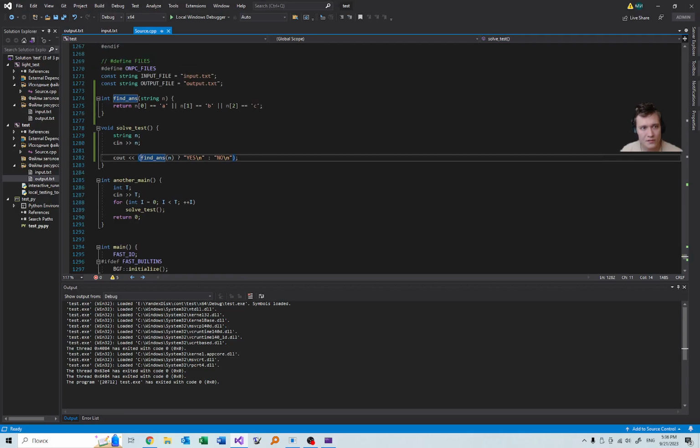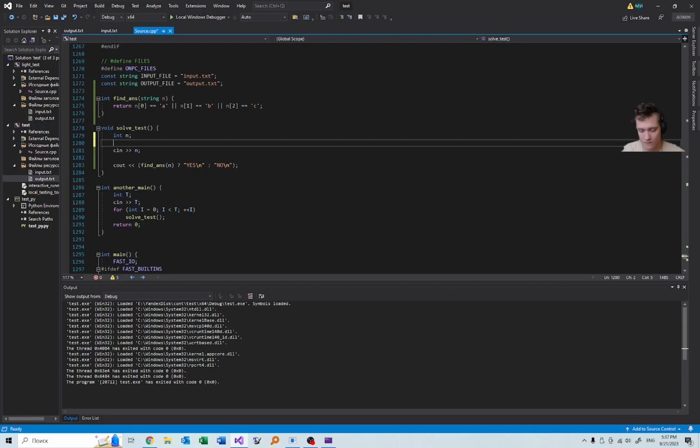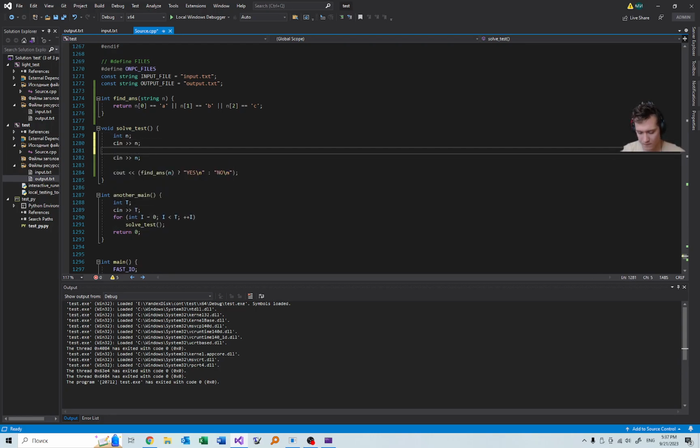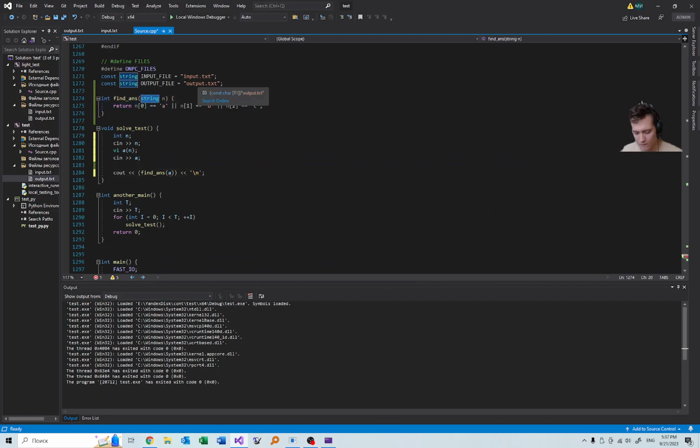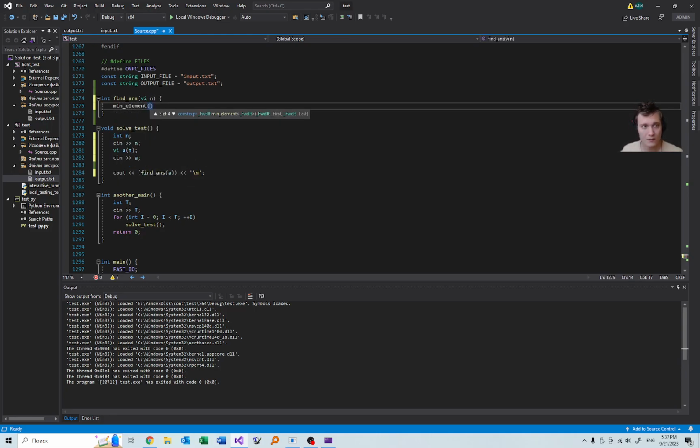Okay, this is an easy problem. All we need to do is to add 1 to the minimum digit. First of all, we find the minimum element of n.begin, n.end.